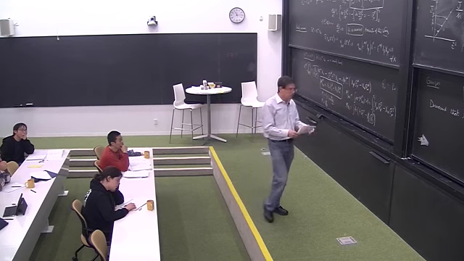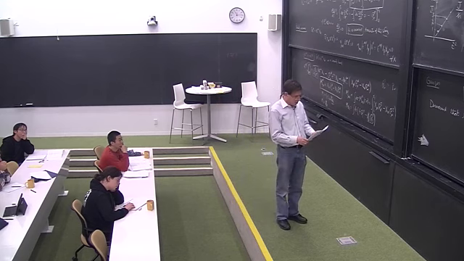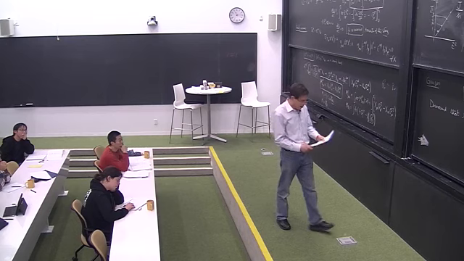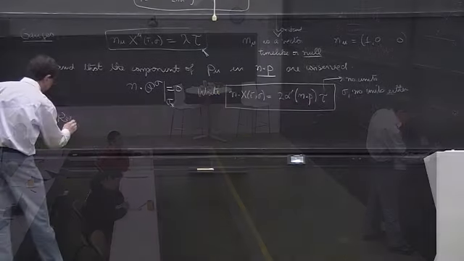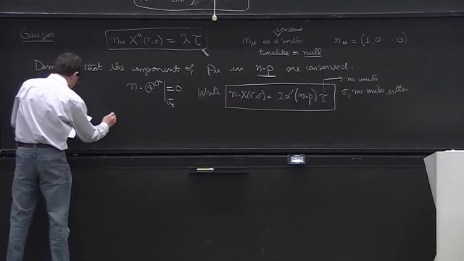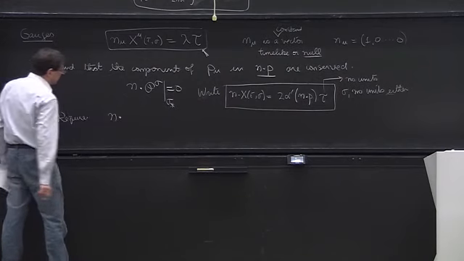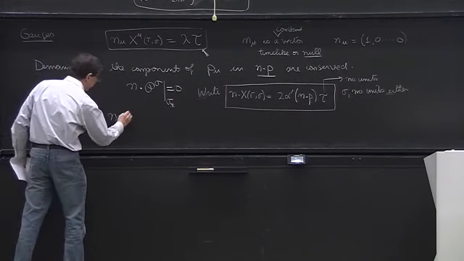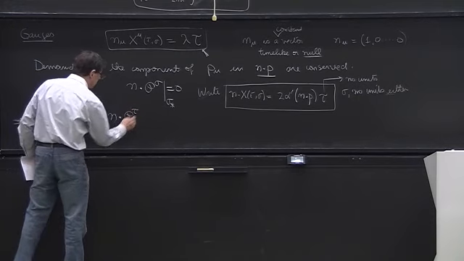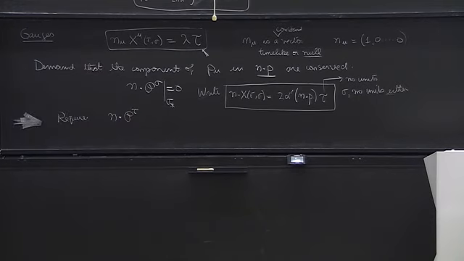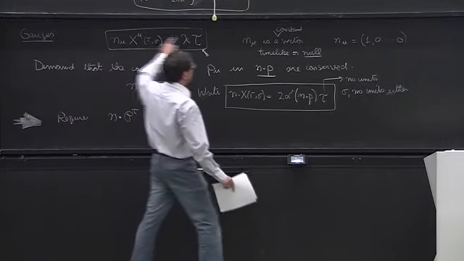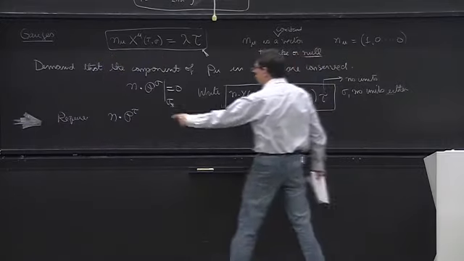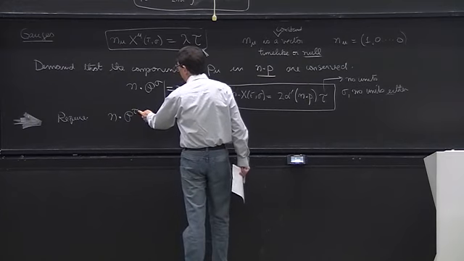So we're going to do the same here. We're going to attempt to require that n dot p tau, see, when n was equal to 1, 0, 0, this was p0.